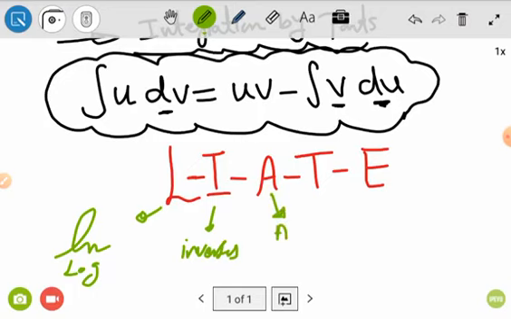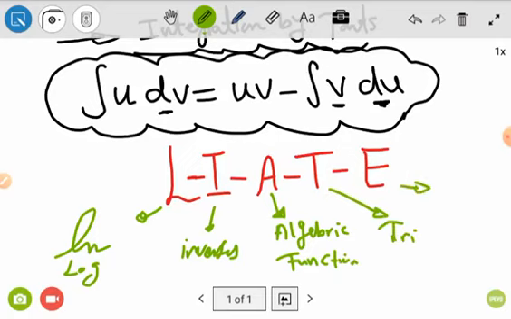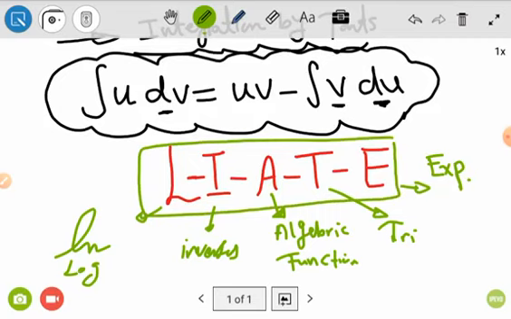A stands for algebraic functions, and T stands for trigonometric functions like tan, cosine, sine, and so on. E stands for exponential functions like e to the power of something and 2 to the power of x. So the guidelines for choosing u is following the word LIATE.